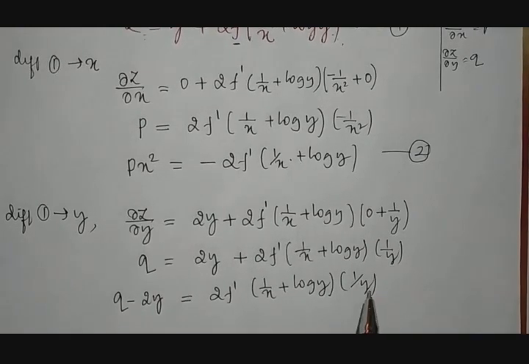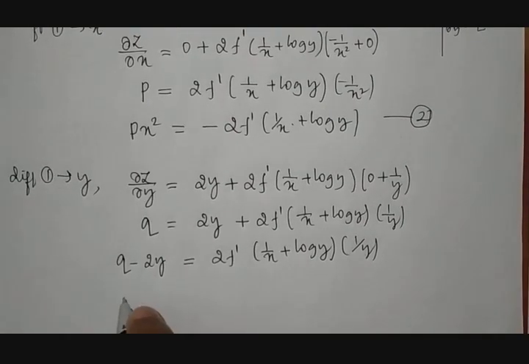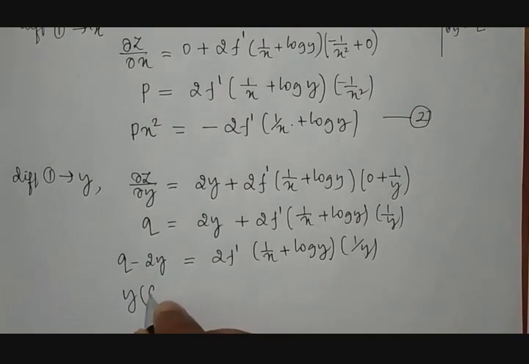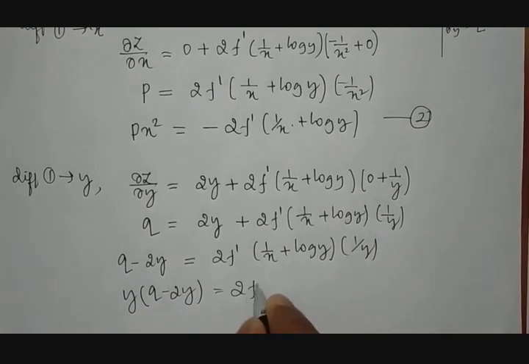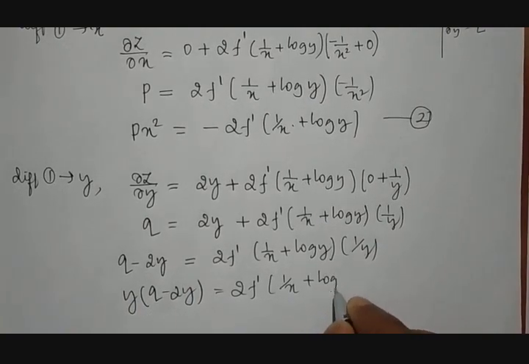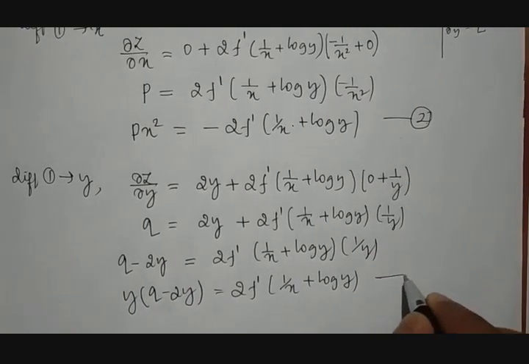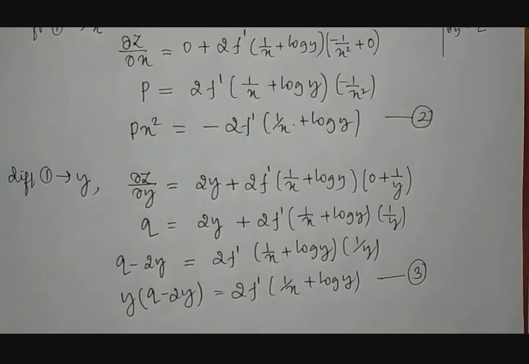Again, to avoid this denominator, we'll take this y also to the other end. Then it becomes y times q minus 2y is equal to 2 into f dash of 1 divided by x plus log y. We call it equation number 3.